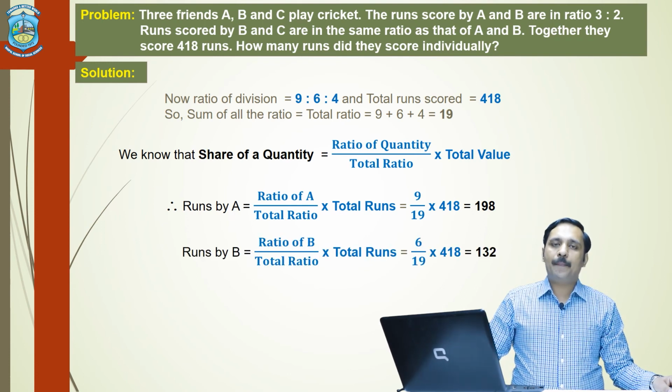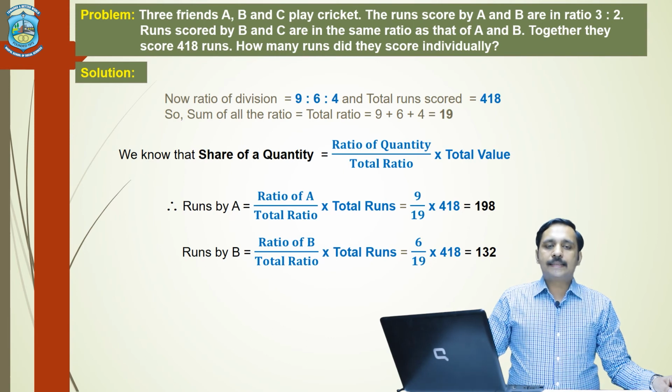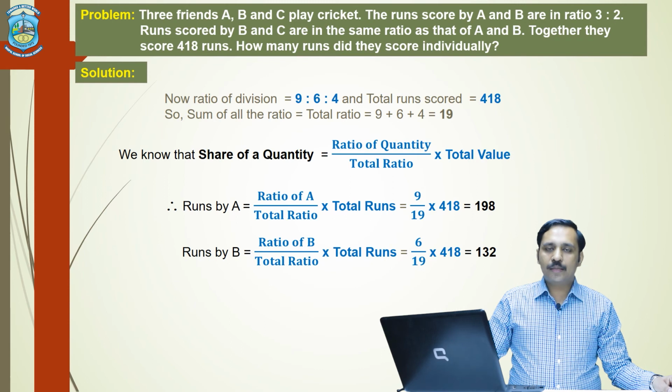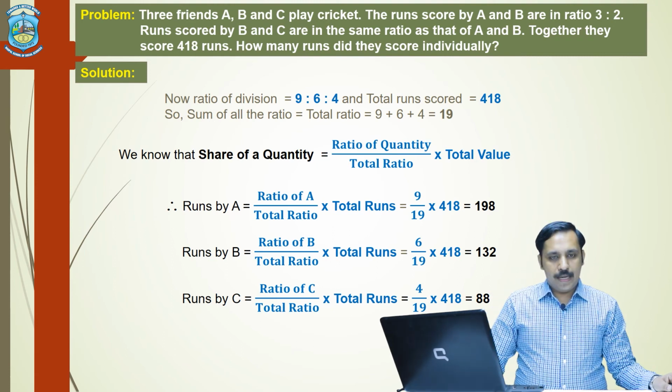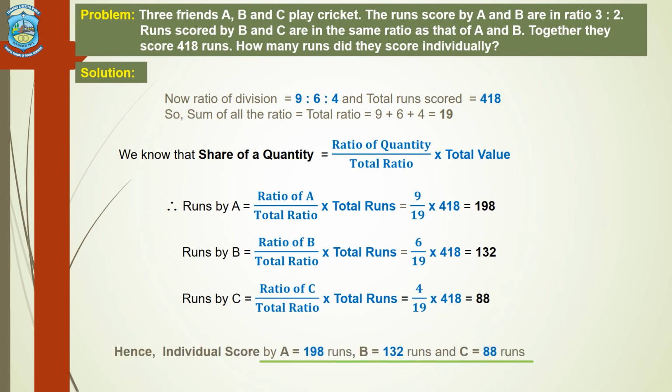Runs scored by capital B is equal to 6 upon 19 multiplied by 418, that is 132 runs. And runs scored by capital C is equal to 4 upon 19 multiplied by 418, the answer is 88. Hence their individual scores are capital A 198 runs, capital B 132 runs and capital C 88 runs respectively.